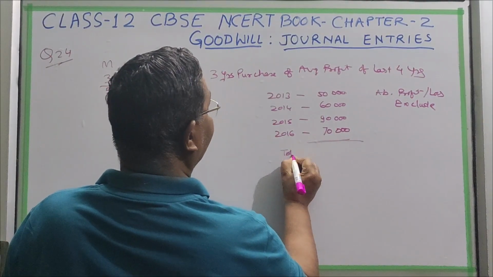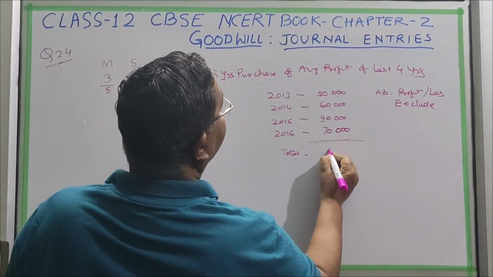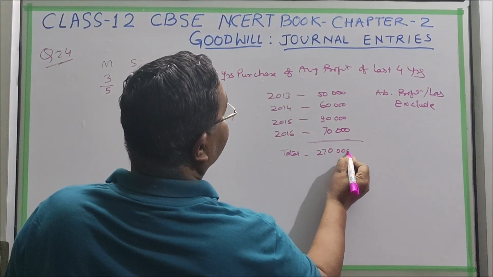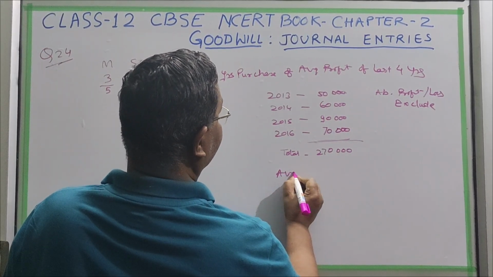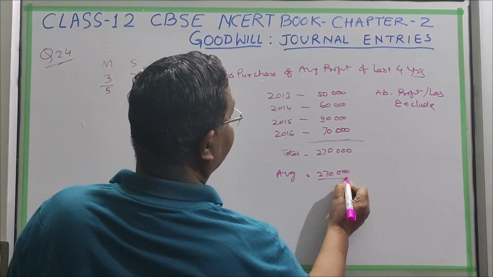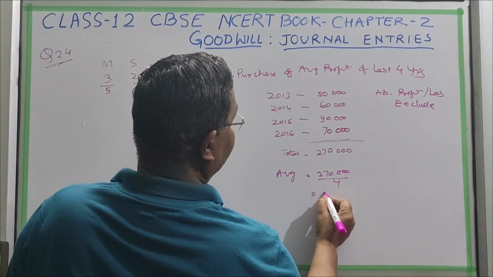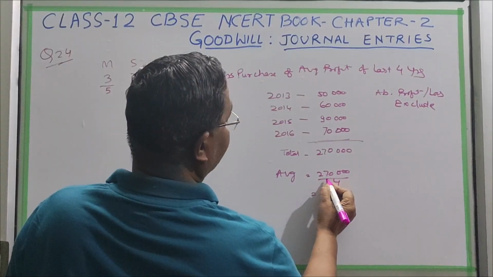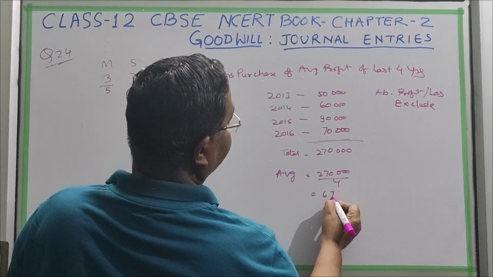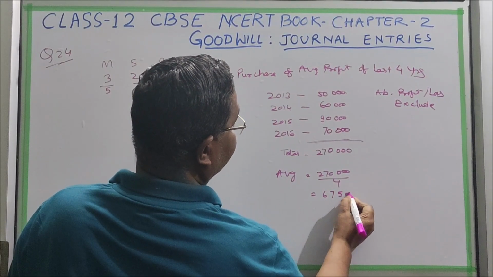Okay, so now the total. Average equals the total divided by 4, which comes to 67,500.